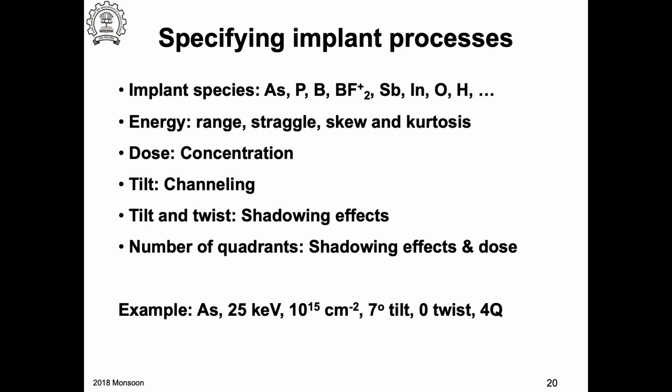Another popular species is germanium because they are heavier. That is called a pre-amorphization implantation. Before I shoot the actual dopant ions, I amorphize this by using silicon or germanium.